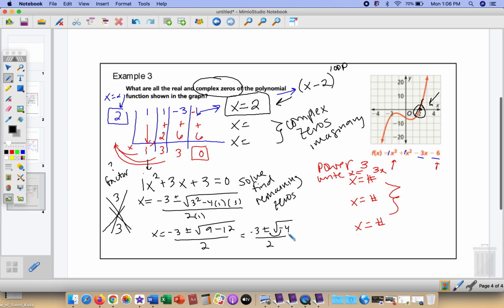Negative comes out as an i, square root of 4 is 2. So we have negative 3 plus or minus 2i over 2. So we have our two complex values. I'm going to erase some of this over here.